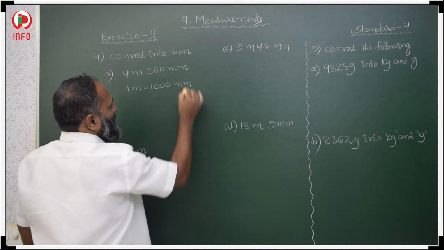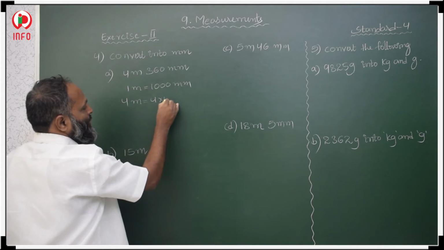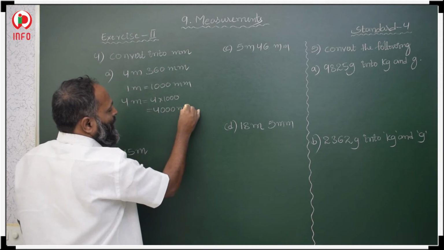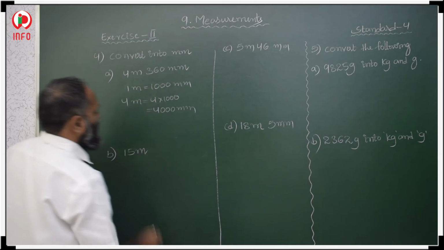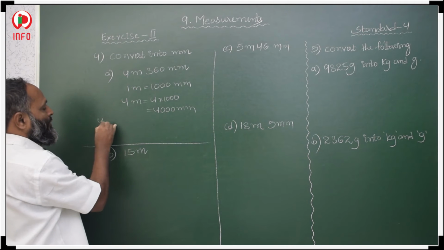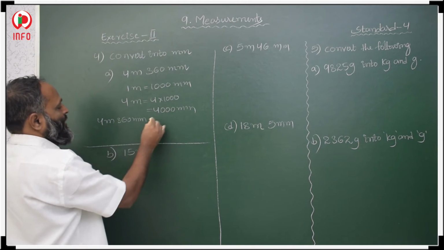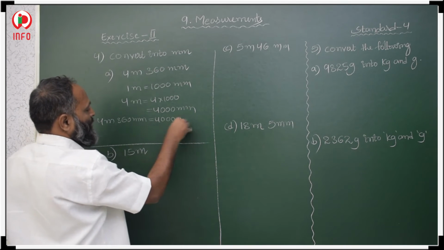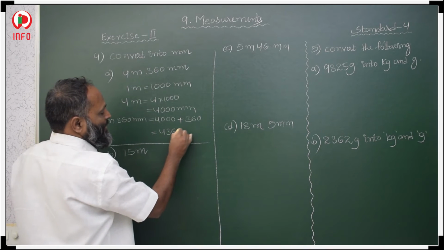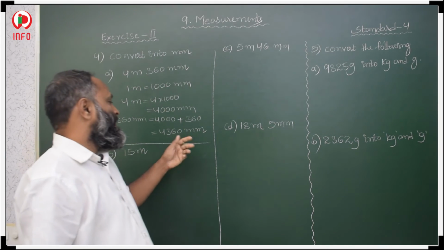Then 4 meters is given here. 4 meters means 4 into 1000, that is 4000 millimeters. Now we have to take the complete. 4 meters and 360 millimeters, that is 4 meters means 4000 millimeters plus 360 millimeters, then 4360 millimeters. So 4 meters and 360 millimeters completely in millimeters.